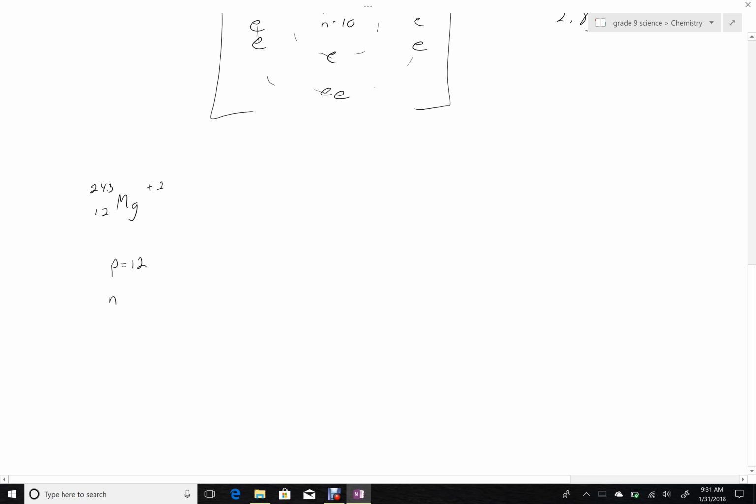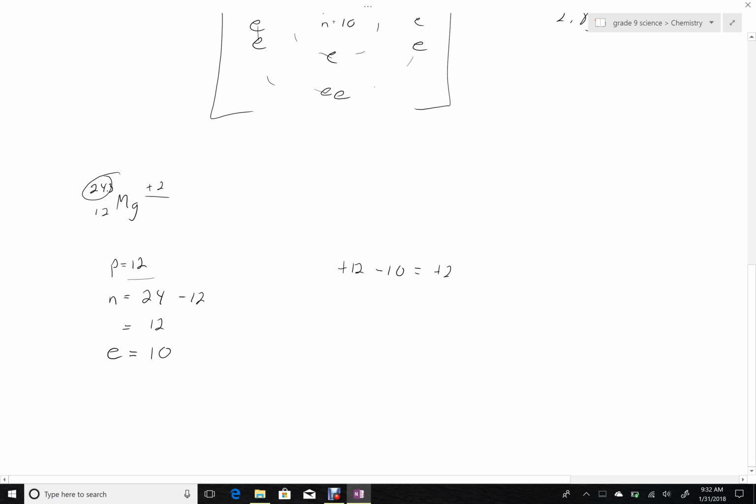And my neutrons, remember when I'm using this 24.3, I round it to just 24. Minus 12 gets me my neutrons at 12. And my electrons, here the positives have won. They've won by 2. So if the positives scored 12 and they won by 2, the electrons must have just scored 10. Or my charge is plus 12 minus 10, leaving me with the plus 2 that I was looking for.